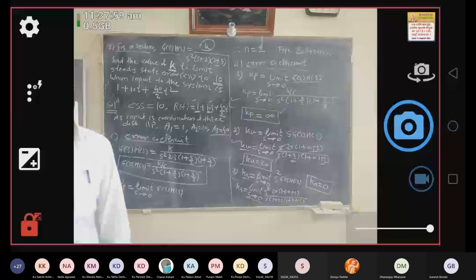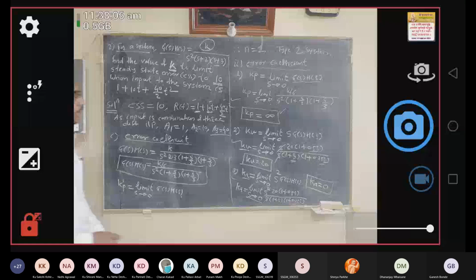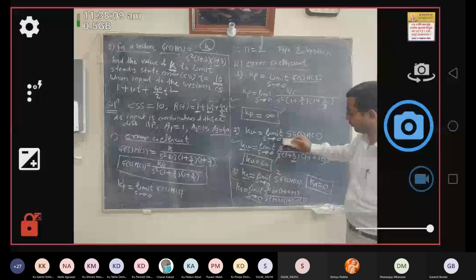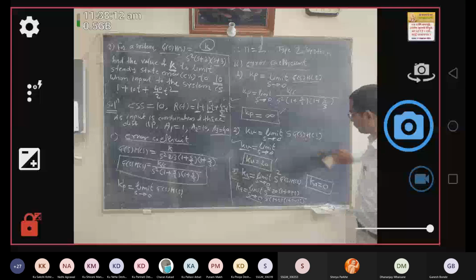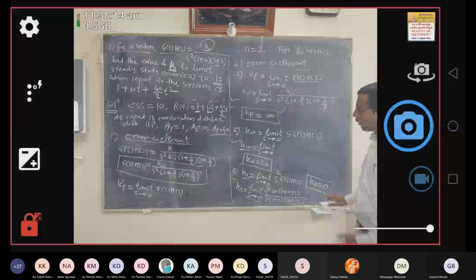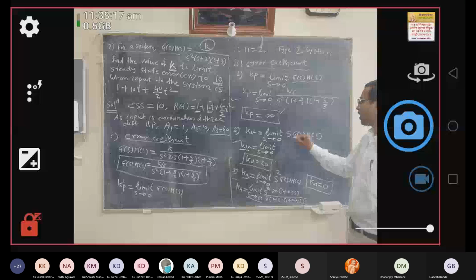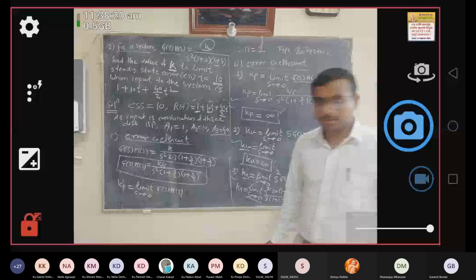Please verify this. Similarly, determine the value of Kv. So again, write down the formula of Kv is limit s tends to 0, s into G of s into H of s.